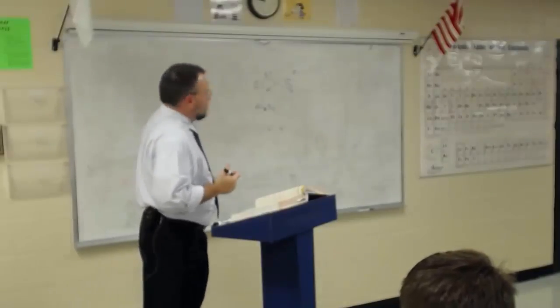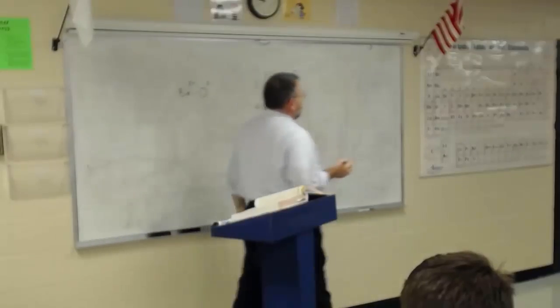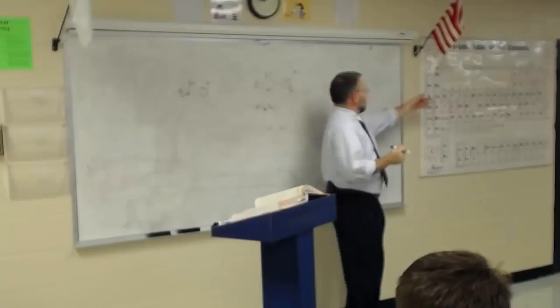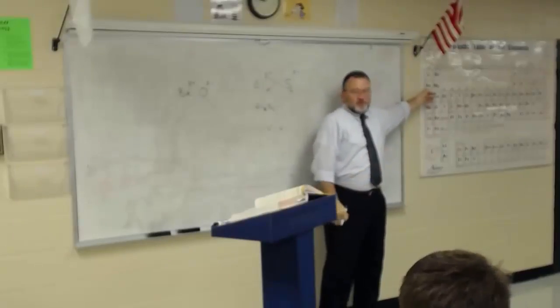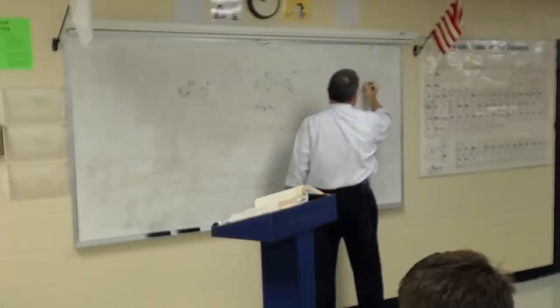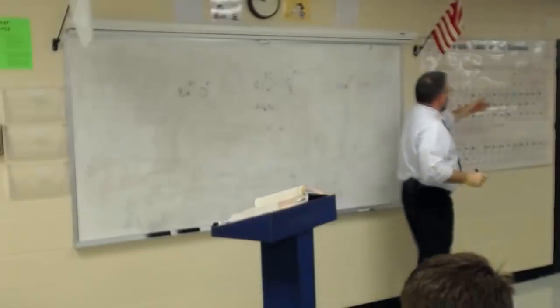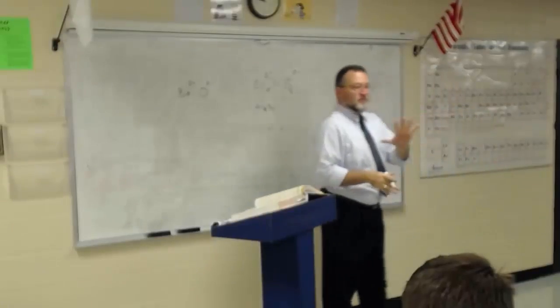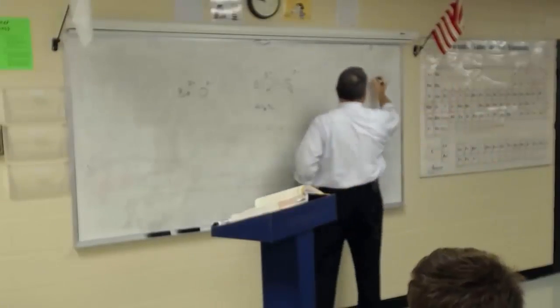And last one, sodium nitride. Sodium wants to have what charge? Wants to go to +1. Nitrogen, over here, is a column 5 element. It wants to go to 3 negative, okay?